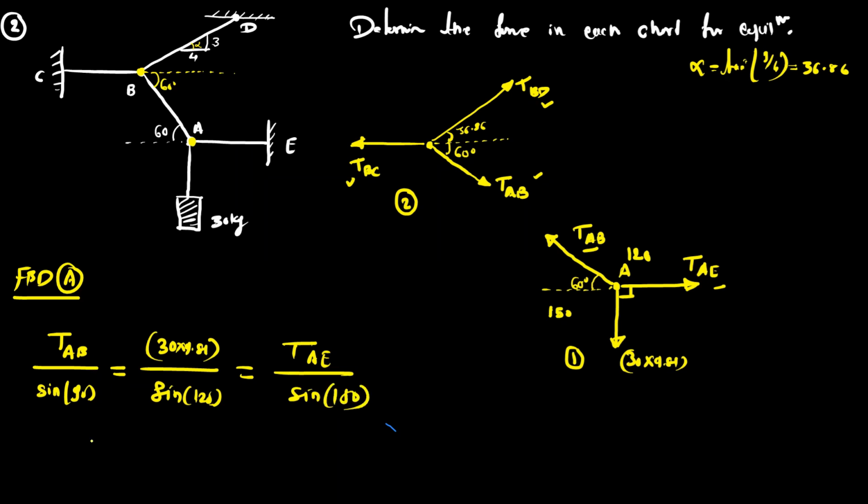Okay. So from this calculate the value for tension AB and tension AE. For the second FBD, we need this value of tension AB. Okay, so just solve the equation and give the answer in the chat box.